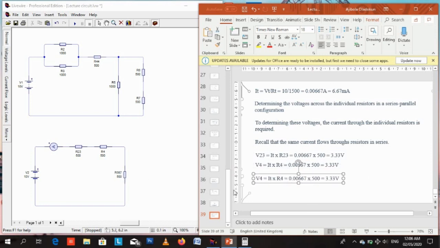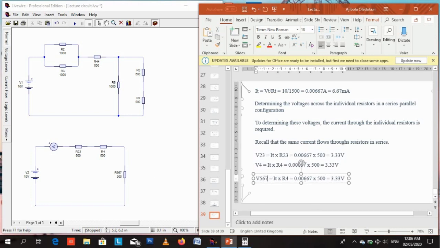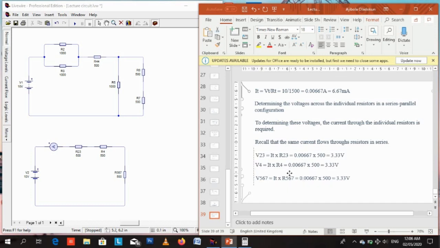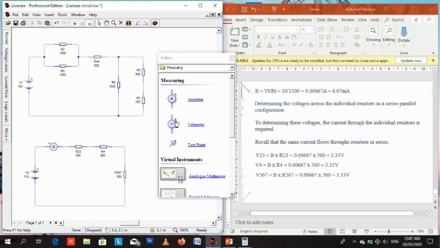Let's go for the last one, V567, which will be IT multiplied by R567, the voltage across resistor R567. It also has 500 ohms, so the voltage will also be 3.3 volts. So V23, V4, and V567 all have the same voltages because they all have the same resistances.